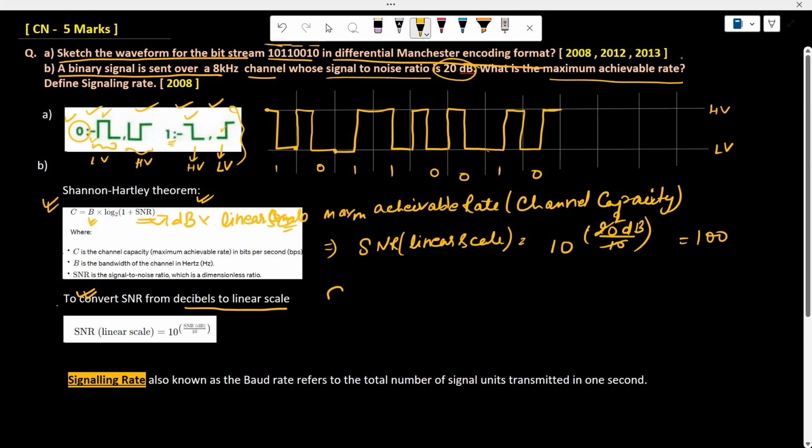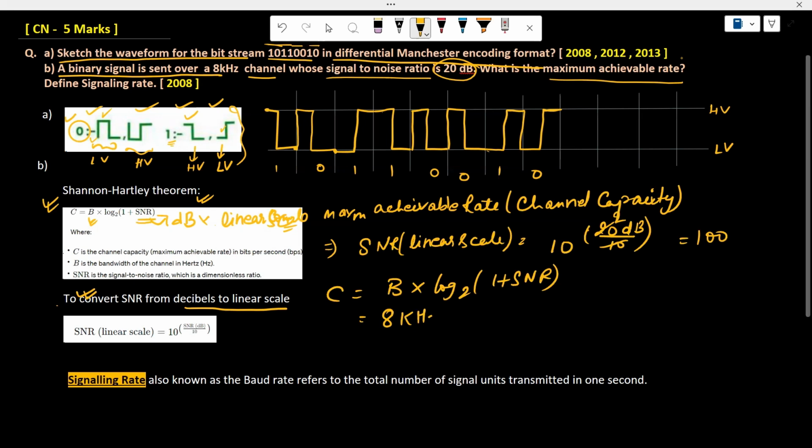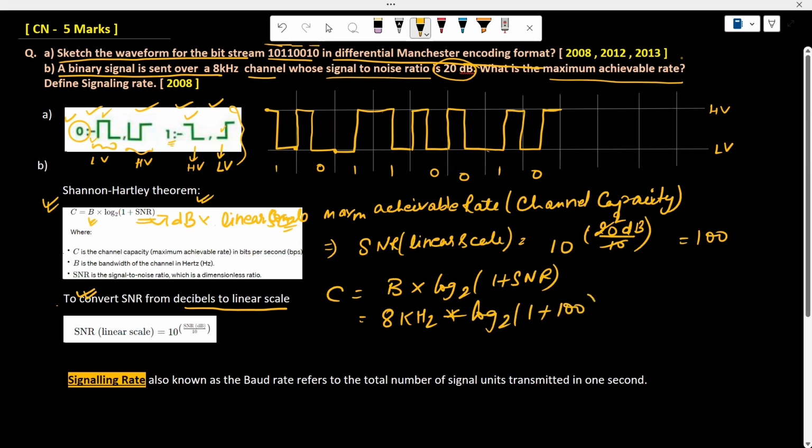Now we will find the channel capacity, which is B into log base 2 of 1 plus SNR. B is the bandwidth, 8 kilohertz, into log base 2 of 1 plus SNR, which is 100.